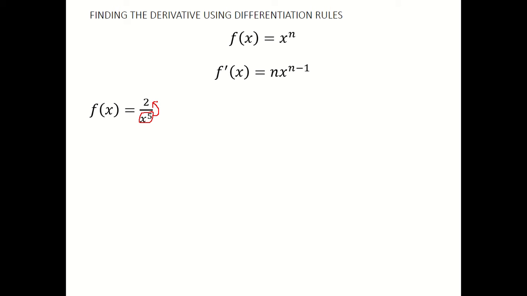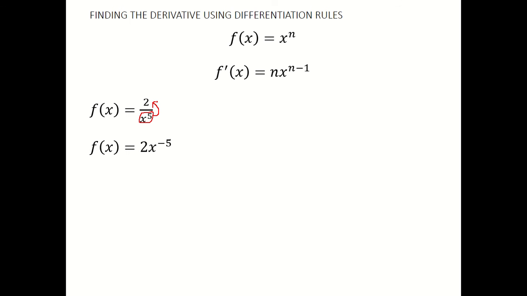And you need to understand, guys, whenever an exponent jumps the division sign, whether it's going to the bottom or to the top, its sign will change. In this case the exponent of x is 5, meaning that if I take x to the numerator, that exponent sign will change from positive 5 to negative 5.